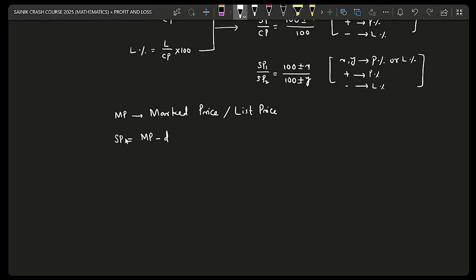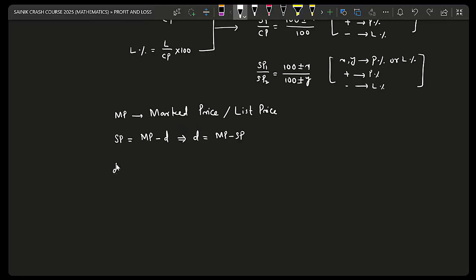This encourages the customer to buy the articles. So how do we get the selling price? From the market price, you subtract the discount, and you get the selling price. Or from this, you can find the discount formula by transposing minus D to the left and selling price to the right, so discount is equal to market price minus selling price. You can remember either one.